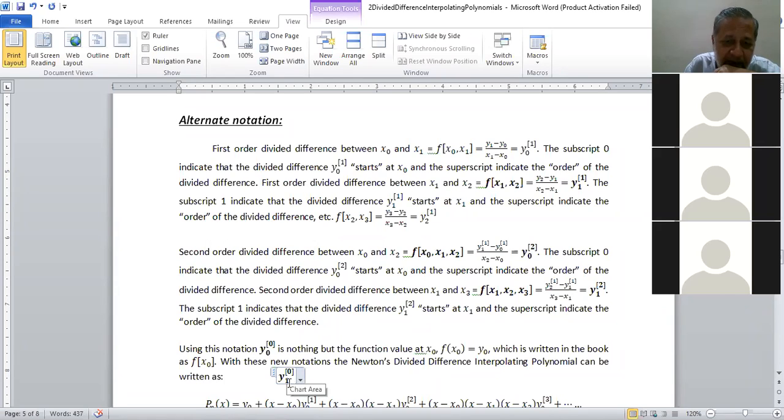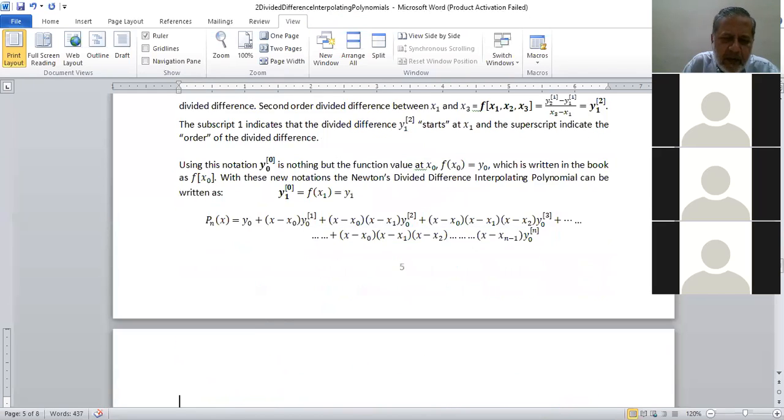The subscript indicates that you are talking about the value of y1. जब यहाँ पे subscript 0 था, तो that means value y0, and here it means the value of the function at x1, and that is nothing but y1.